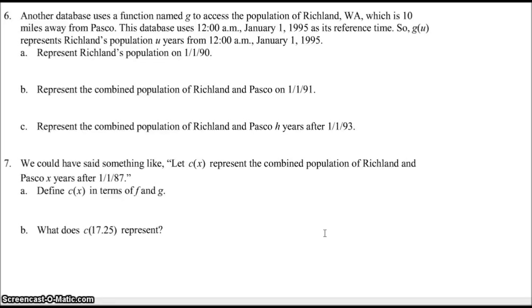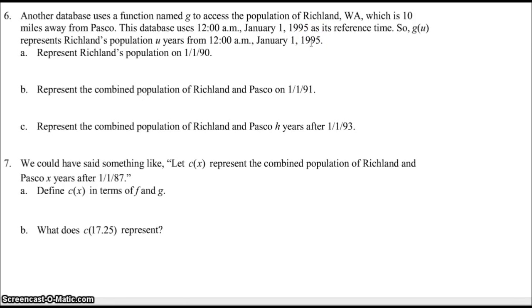Represent Richland's population on 1/1/90. So notice that 1990 was the starting time or the reference time for our previous problem in number 5, now our reference time is January 1st, 1995. So that's like our zero position.